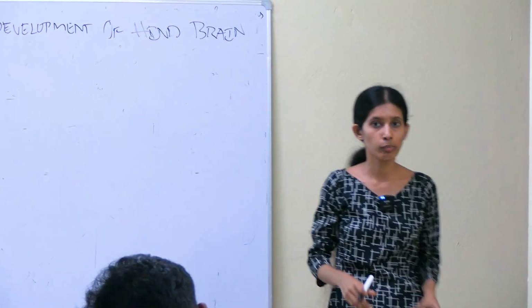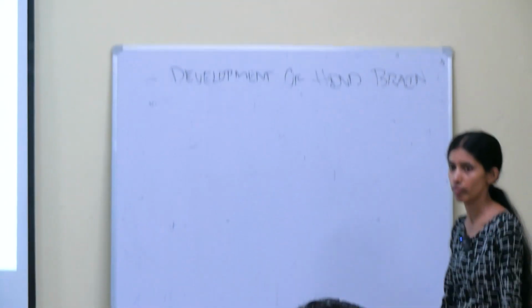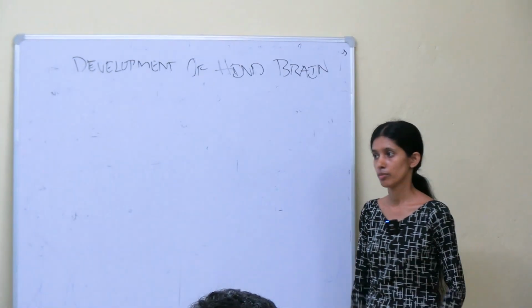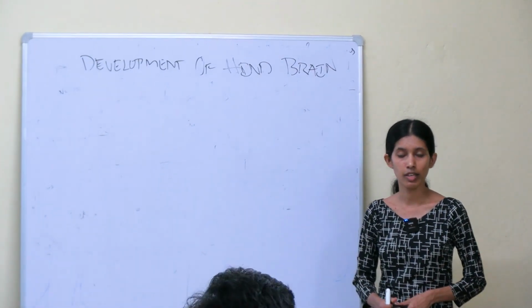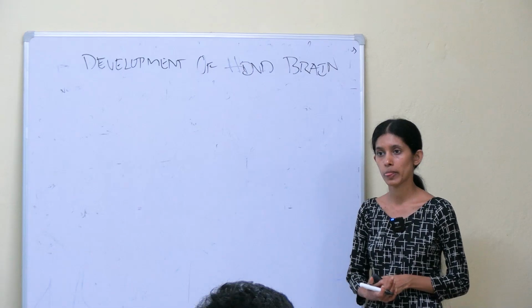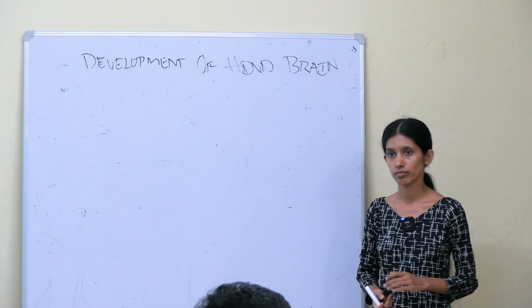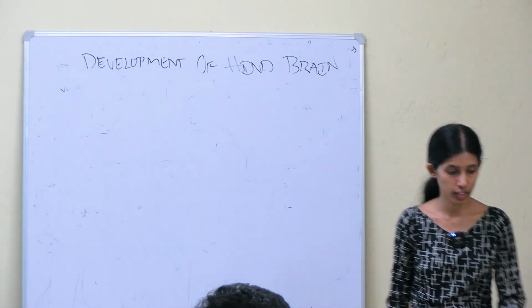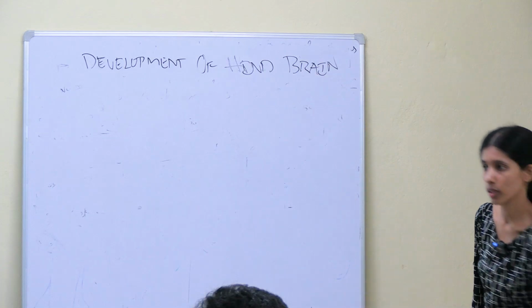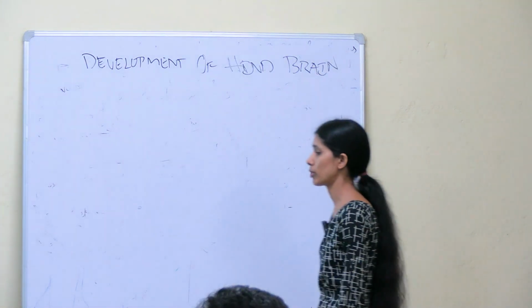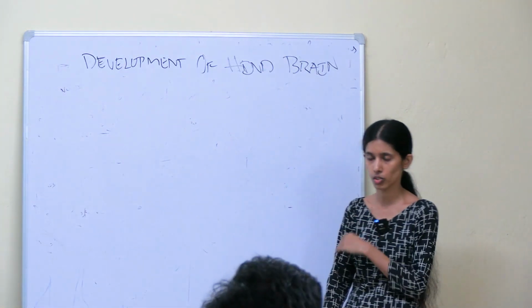So, tell me about the brain vesicles we have studied. In which week can we see the development of brain vesicles? In the 5th week we can see the development of brain vesicles. So what are all the structures we can see there?